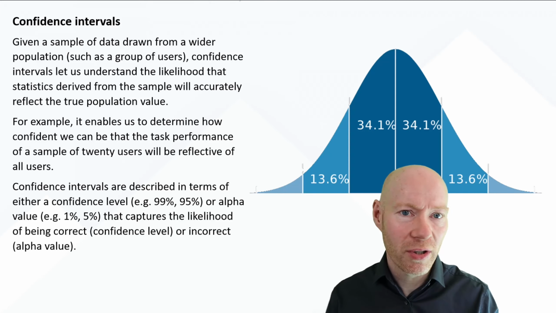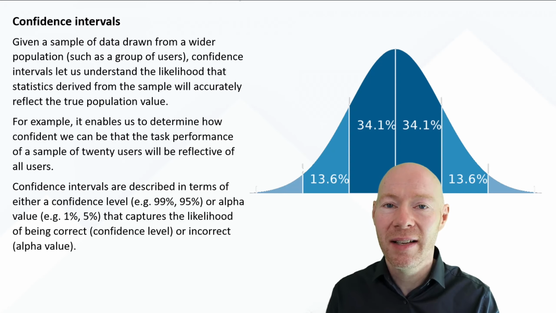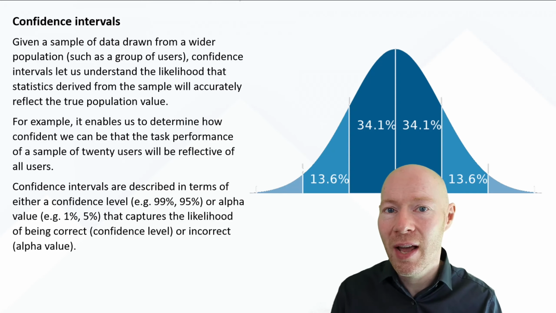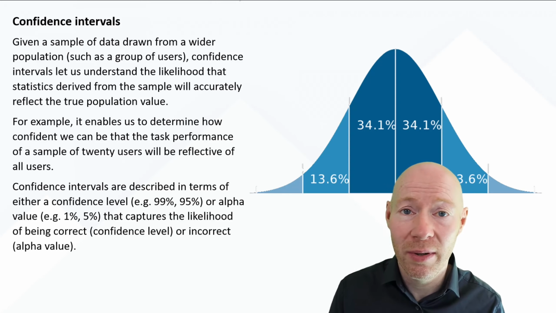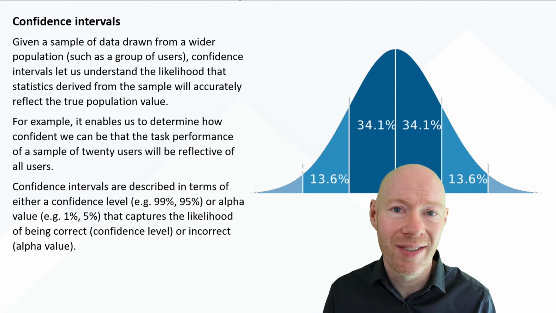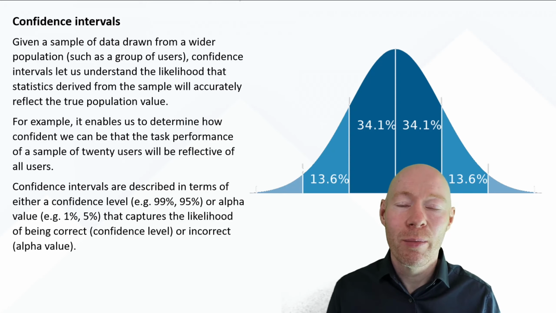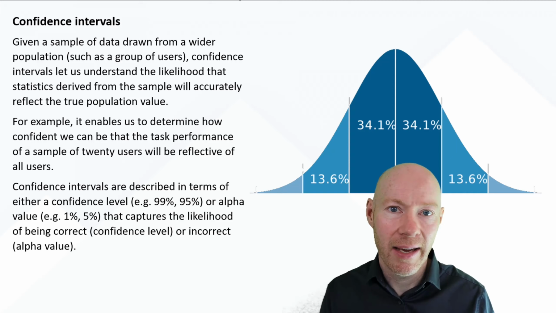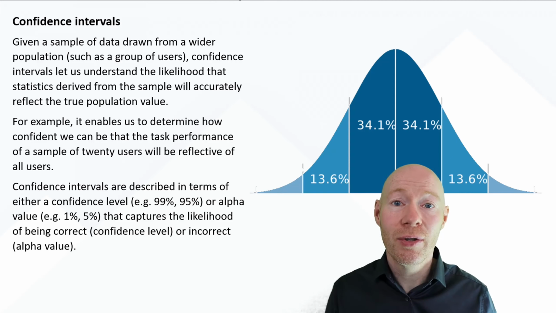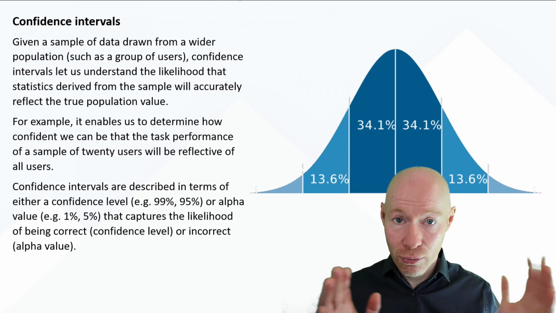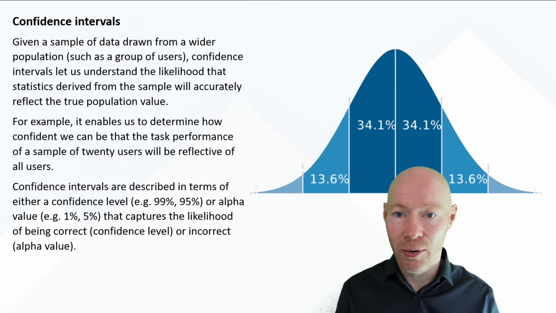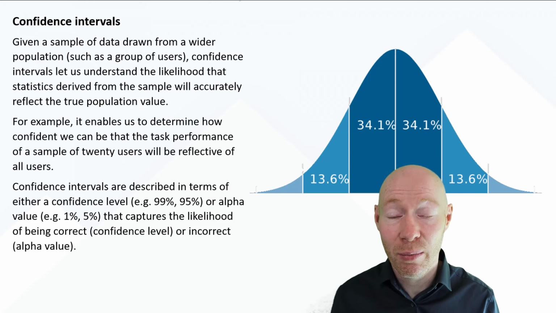When we're calculating our confidence intervals, you will encounter a couple of different terms. We can talk about confidence levels, and we can also talk about alpha values. Confidence levels mean that we are 90% certain that the true population's value is going to fall inside the interval that we defined.